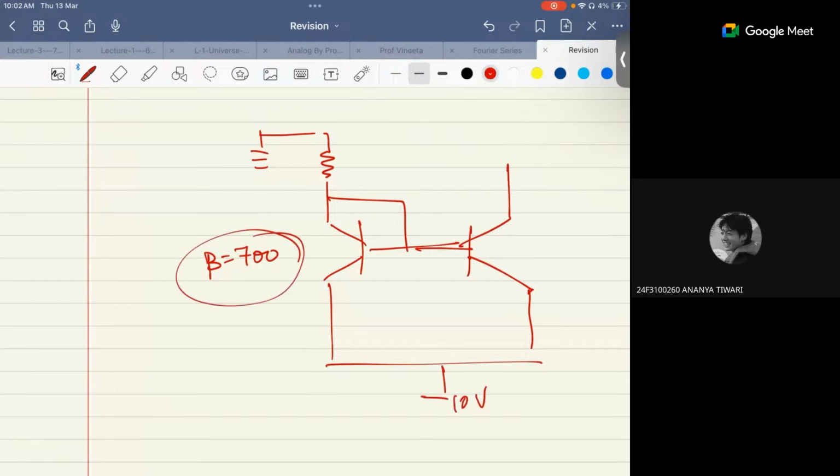So even if it is given like 700, 500 and all, you just think of beta as very high and calculate it. So this is 9.3 kilo ohm. If you calculate it putting the exact value, you'll mess up. Always, if beta is given as more than some 100 or 200, you just take it as a high value only, and then calculate. You just take the base current as zero, and then try to calculate everything else.